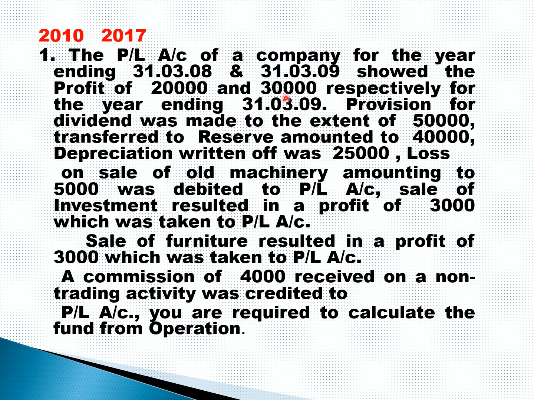Number 1, current year profit. Number 2, dividend. Number 3, transfer to reserve. Number 4, depreciation. And number 5, loss on sale of machinery. So students, 4 items in the credit and 5 items in the debit.